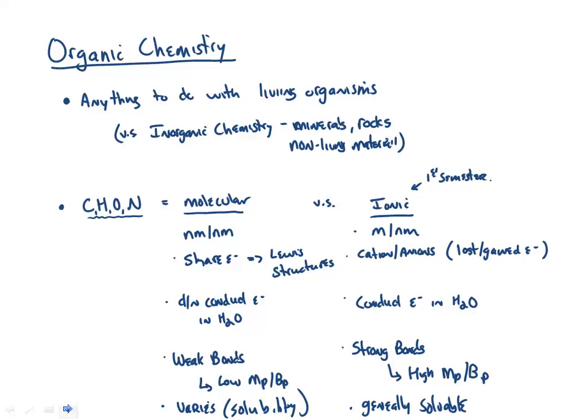Okay, since we're talking about molecular compounds for the most part, and we're going to want to draw their Lewis structures, we need to have a little bit of review about Lewis structures. So what's important in Lewis structures? Yeah, we have to have the octet rule.